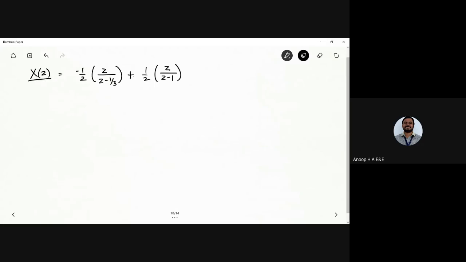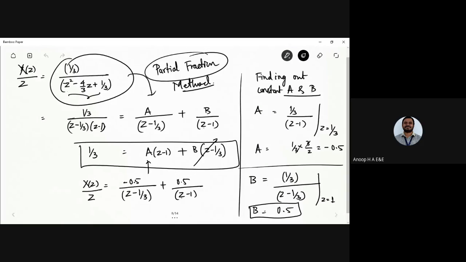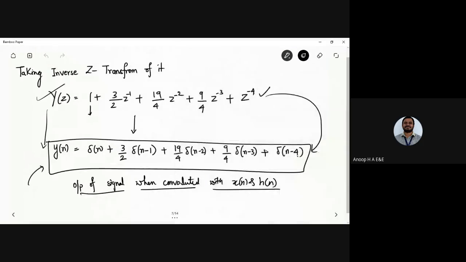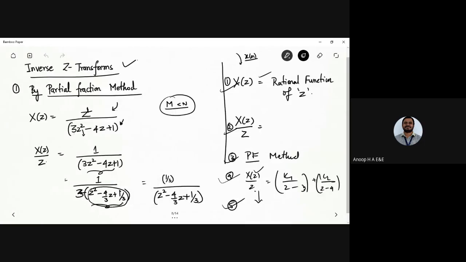Now if you look at this equation quite clearly, what do I need to do? I need to perform the inverse z transform.